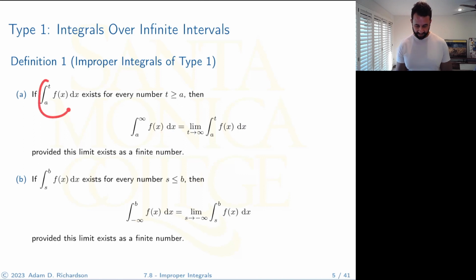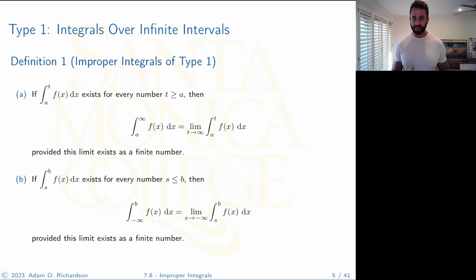Well, if the integral from a to t exists for every number t greater than or equal to a, then we can define this improper integral as the limit of these definite integrals, provided that this limit exists as a finite number. Remember, that's always the case with limits. You cannot state this kind of a definition if the limit does not exist, or if the limit is infinite.